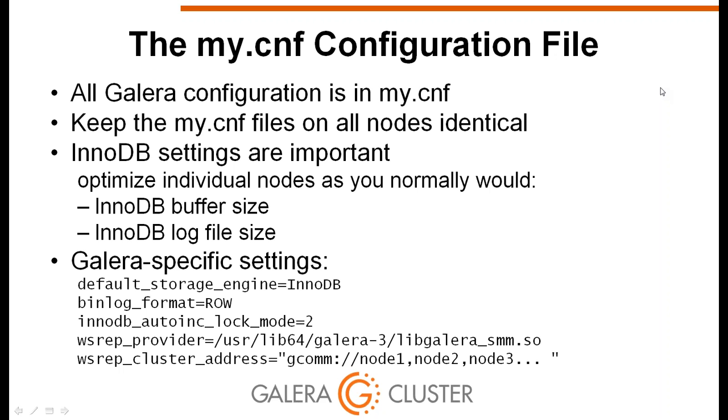Next question. In a two-machine cluster, no node accepts inserts in case of split brain. Is that configurable? Yes, there is a sort of hidden option that allows you, when you have two nodes and they lose connectivity with each other, to let both nodes continue to accept updates, even though this is unsafe.